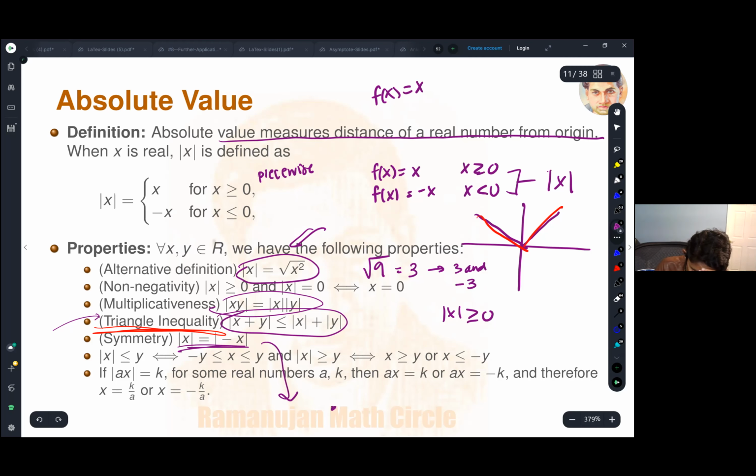And so all you do is you draw your nice number line. You have x over here, and you have negative x over here, and 0. So this distance is x, and this distance is x as well. So because of that, the absolute value of x is equal to the absolute value of negative x as well.